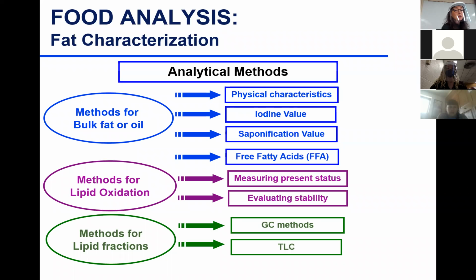And also it relates to the age of the oil you use for frying. So we will be doing iodine value, saponification value, and free fatty acid analysis in the lab next week.